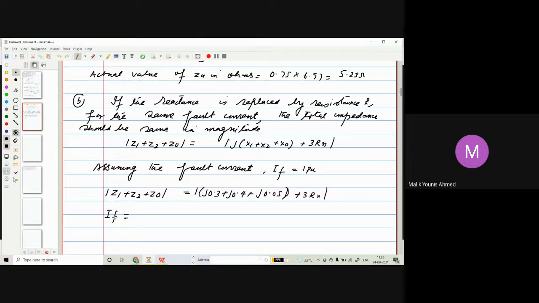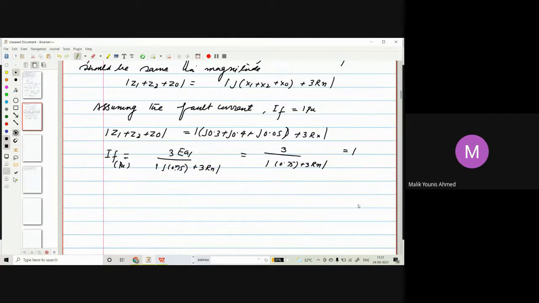Fault current in per unit, we know in case of LG fault is the same, EA1 divided by j0.75, it will be the same, plus 3Rn. So 3 divided by (j0.75 plus 3Rn) should be equal to 1 now, because fault current is 1.